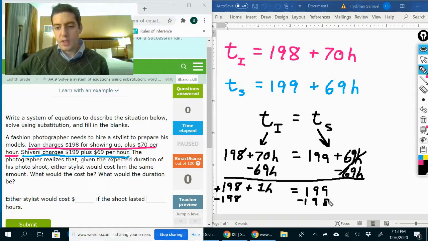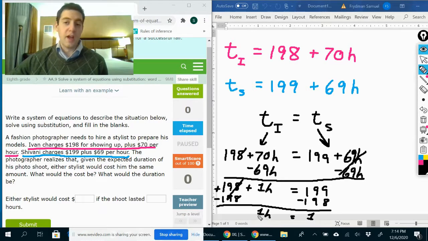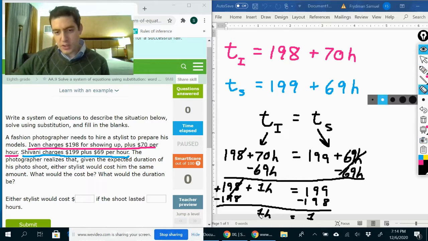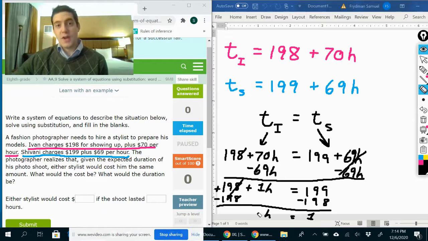So subtract 198 from both sides, and we get 1H equals 199 minus 198 is just 1, okay? And then 1H, to get rid of the 1, we can divide both sides by 1. Or if the coefficient is 1, then you don't even have to bother writing it. 1H is the same as H. So actually, in that case, I can just erase it. I couldn't do that if it were any other number. So the number of hours H is equal to 1.